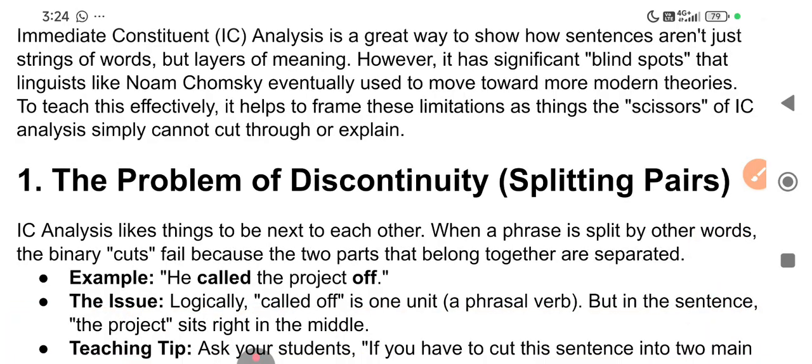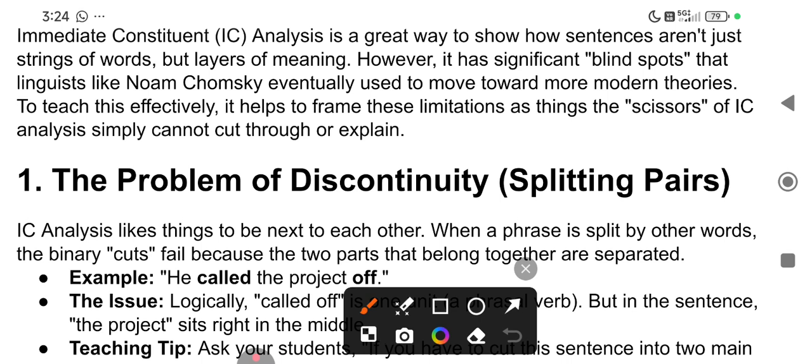IC analysis, or immediate constituent analysis, is a great way to show how sentences are not just a string of words but layers of meanings.